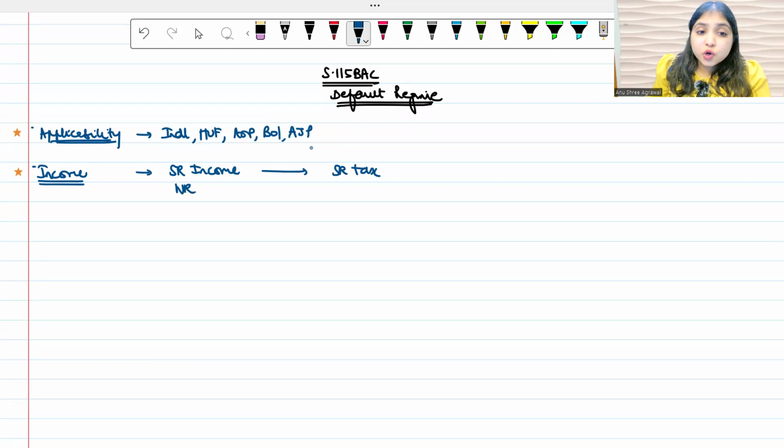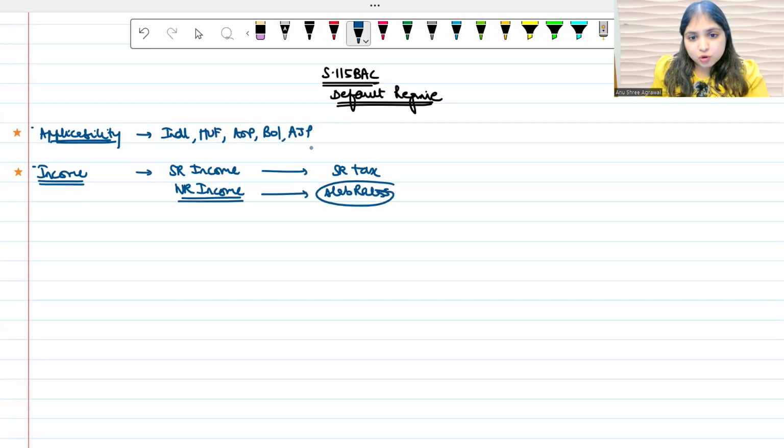But for normal rate income, generally we apply the slab rates, right? Those slab rates are what's going to change in 115BAC. Special rate incomes will still be taxed at the special rate only. Like your 112 LTCG will still be taxed at 20% only. Your 111A STCG will still be taxed at 15% only.